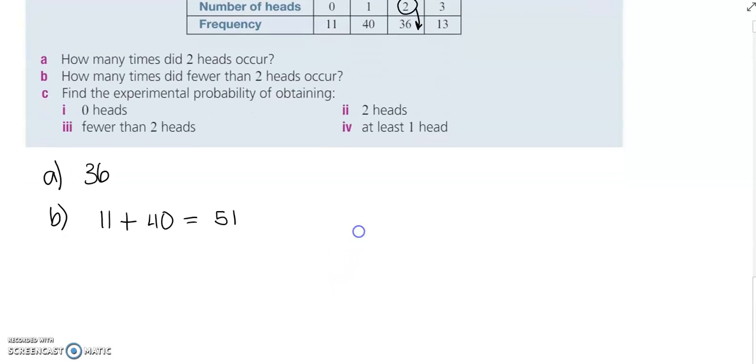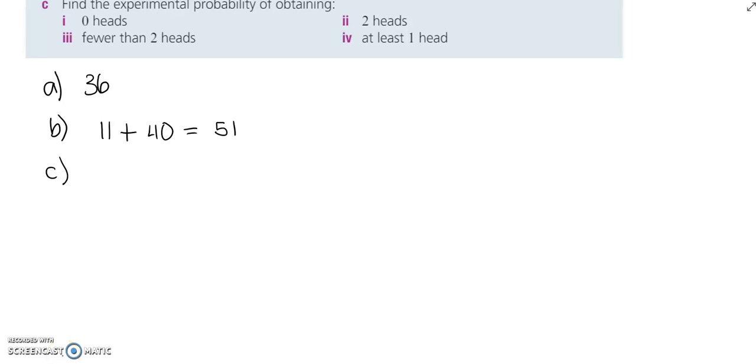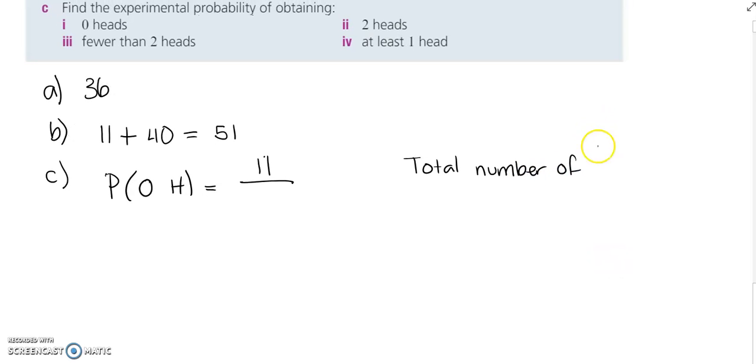The next one is I'm going to find the experimental probability of the next few things. The first part is the experimental probability of obtaining 0 heads. This is the probability of 0, and I'm just going to write H for heads. In this case, I had 11, but this is over a total, and we're going to have to work out my total number of trials for our denominator.